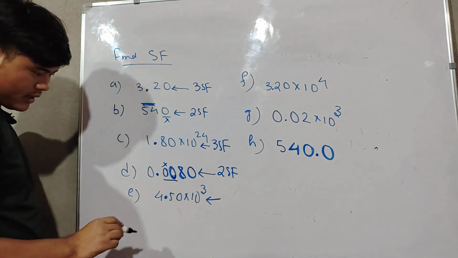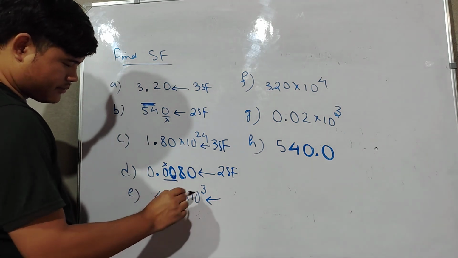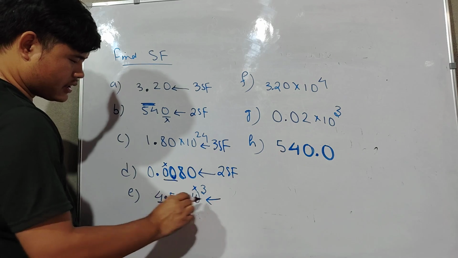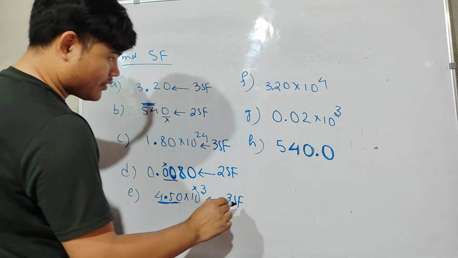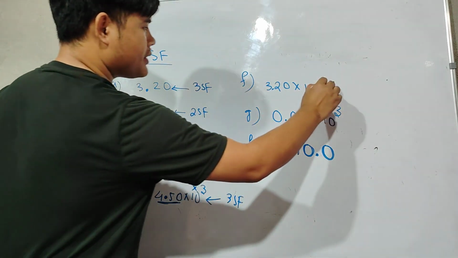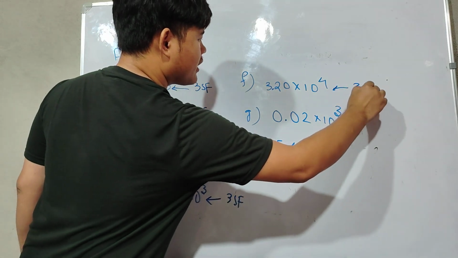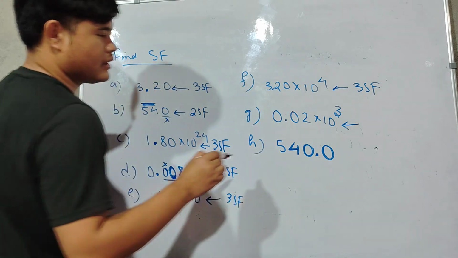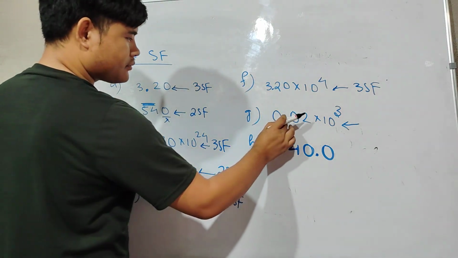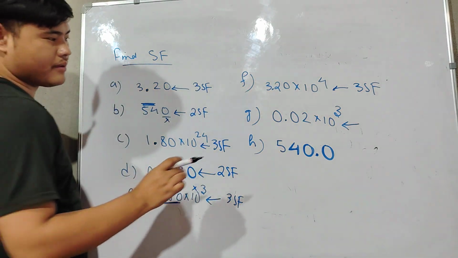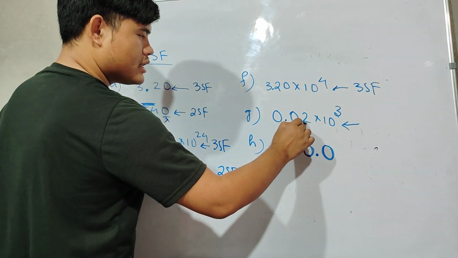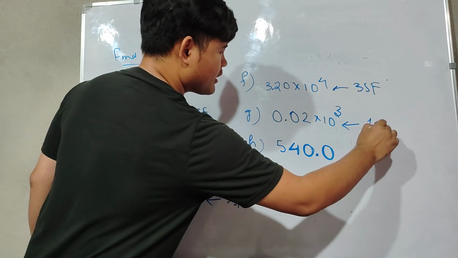Similarly here, how much do we have? 3. This is not a significant figure. So 3 significant figures. Okay, next. Here also 3 significant figures. Next, what do we have? This 0 will not be counted, this 2 will be counted. So only one significant figure.